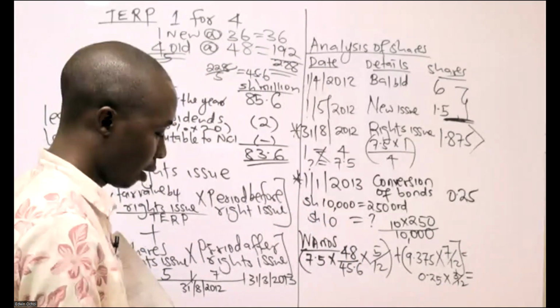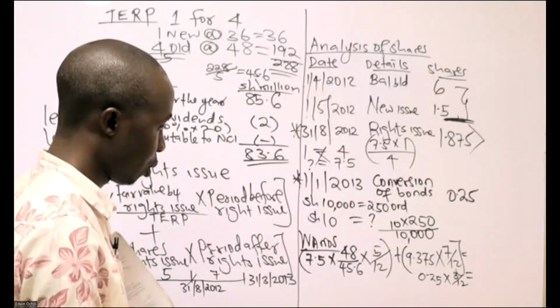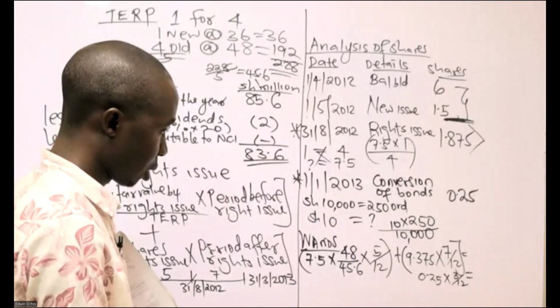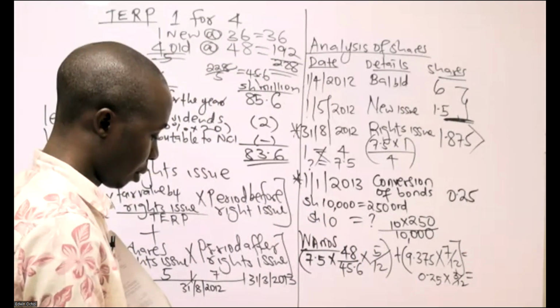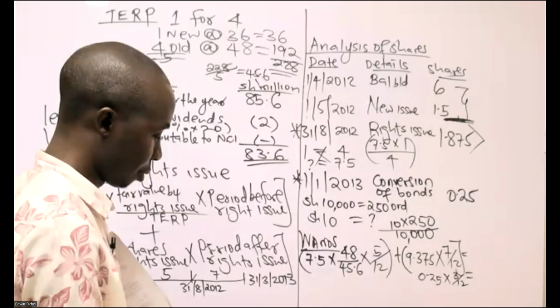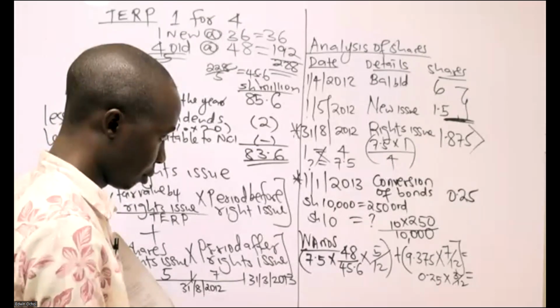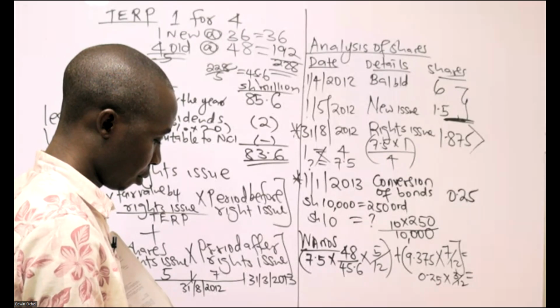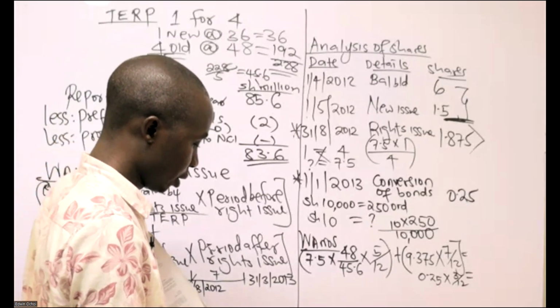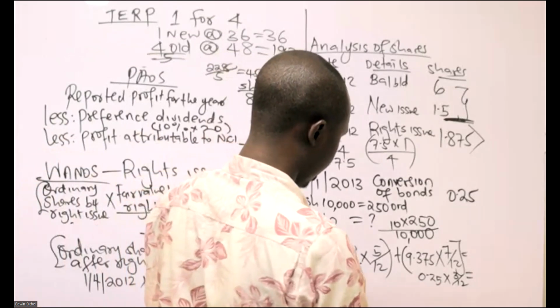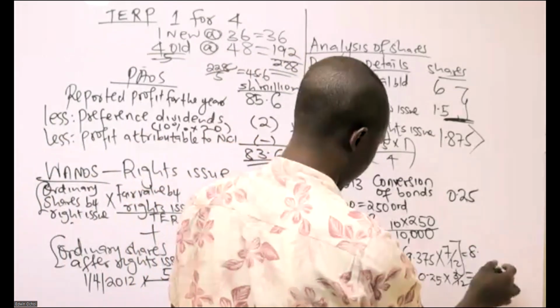So what do we have based on your calculators? What are you getting? So for the first formula, you're getting 8.76.